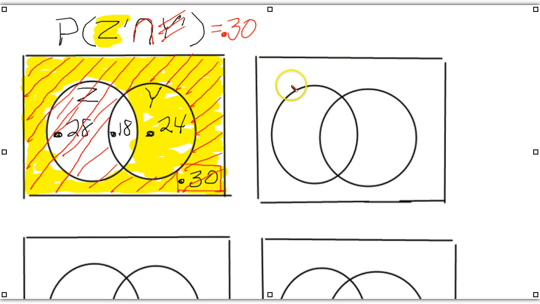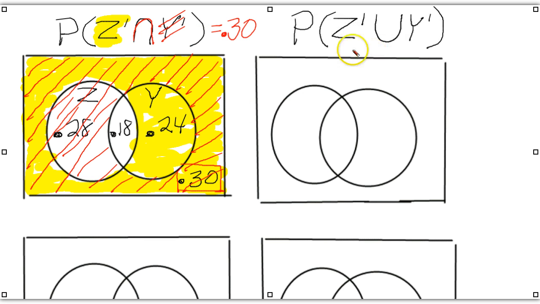All right, let's take a look at Part B. Now, in Part B, we have the same figures: 0.28, 0.18, 0.24, and 0.30. And if we were to color the complement of Z, that would be the yellow. The complement of Y would be our red stripes.